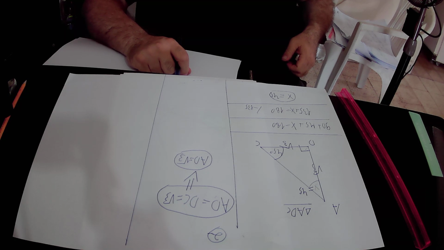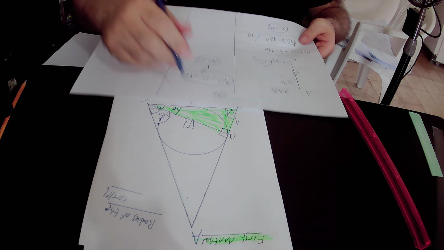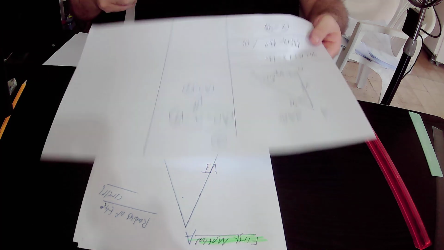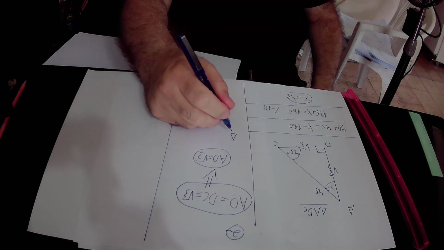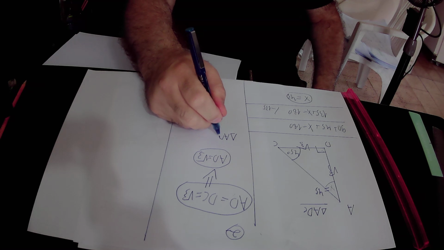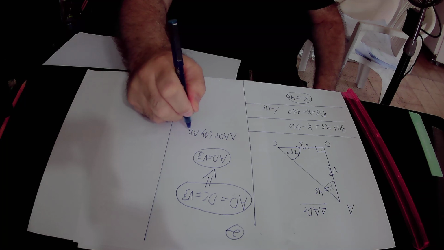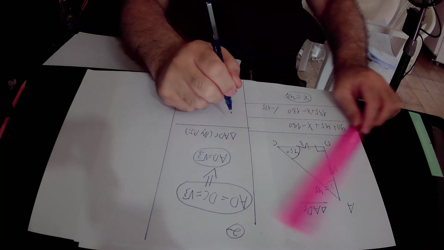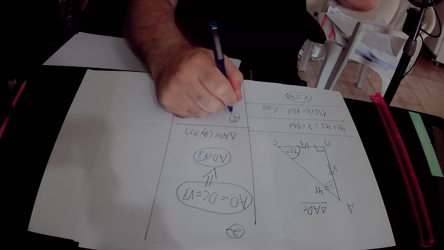In the next step, we'll implement the Pythagoras theorem on the right triangle ADC, in order to find out the length of the hypotenuse AC. According to the Pythagoras theorem on the right triangle ADC, the square of the hypotenuse equals the sum of the squares of the perpendiculars.